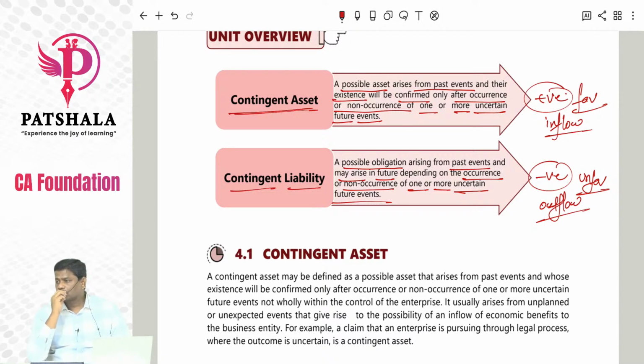Whereas non-economic items, this we have learnt in the introduction chapter itself, if you remember. Only economic transactions will be recorded, non-economic we don't, right?